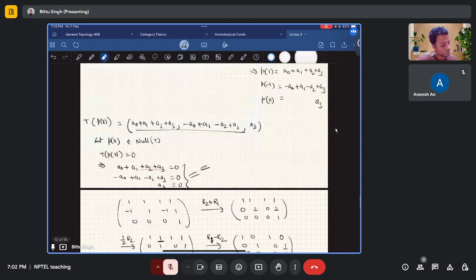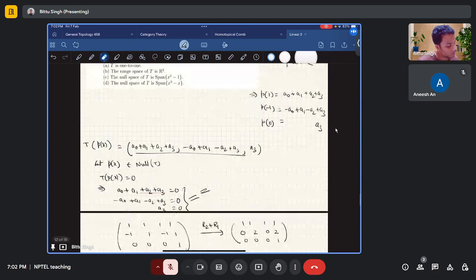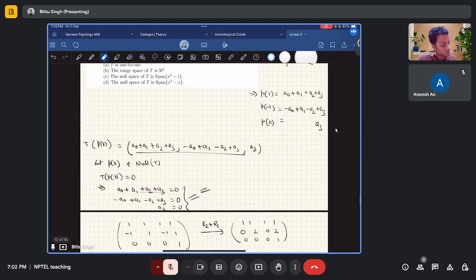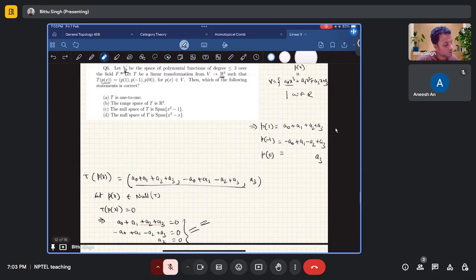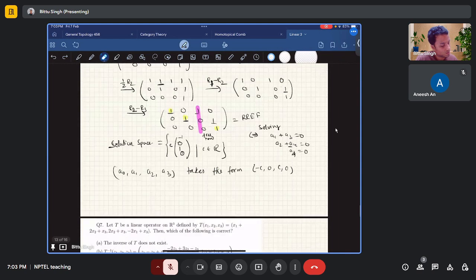So what is the null space? We have initially chosen a polynomial of this form, p(x) is the same as a0 x cube plus a1 x square plus a2 x plus a3.